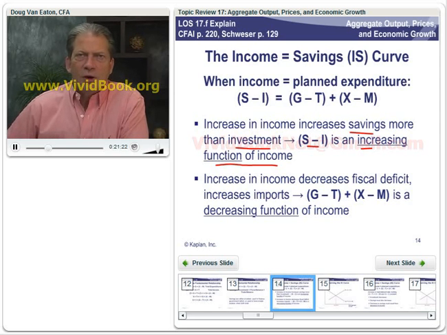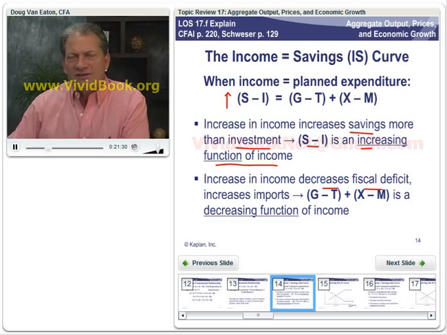So this part right here increases with income. Now, increase in income decreases the fiscal deficit. Why is that? Because tax revenues go up. Higher the income, more people paying taxes.